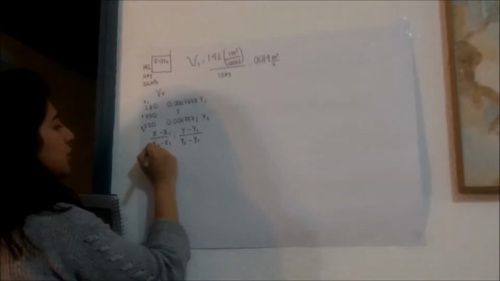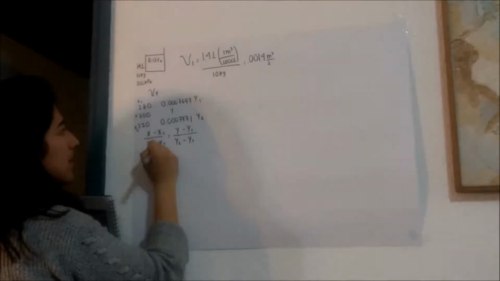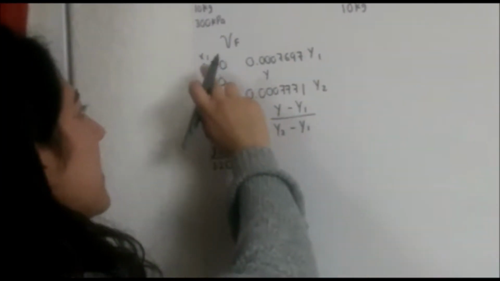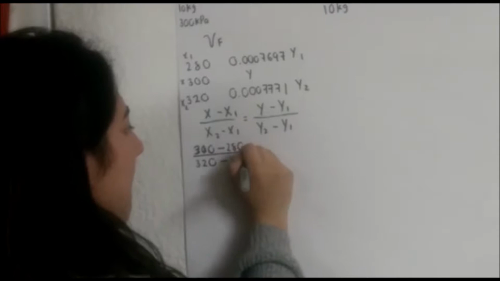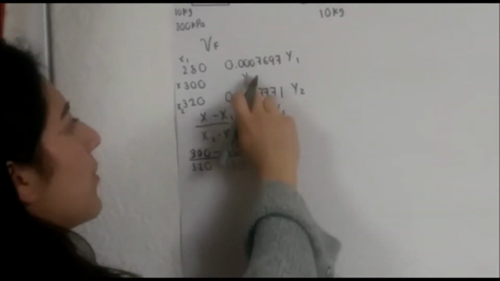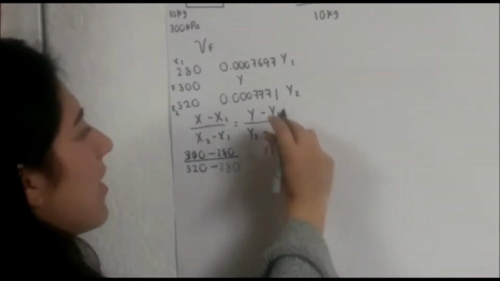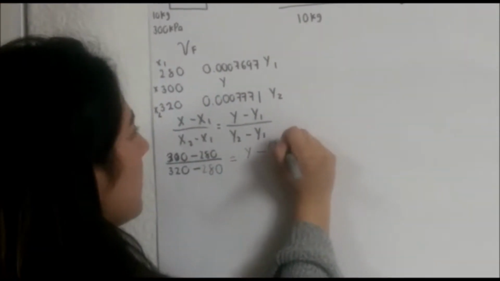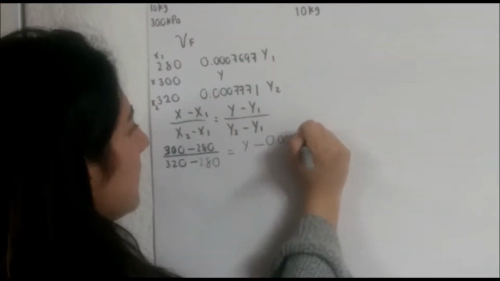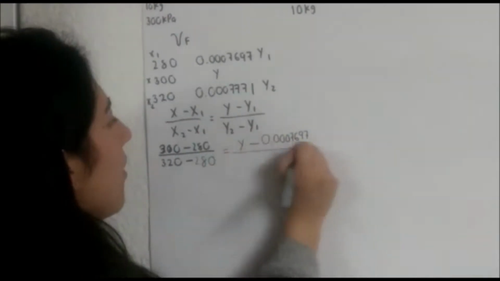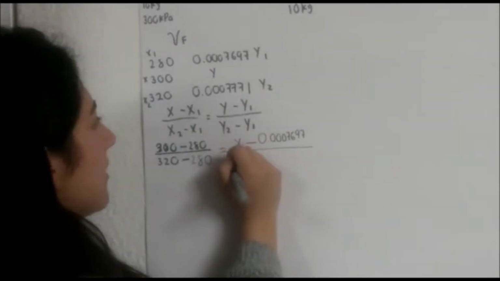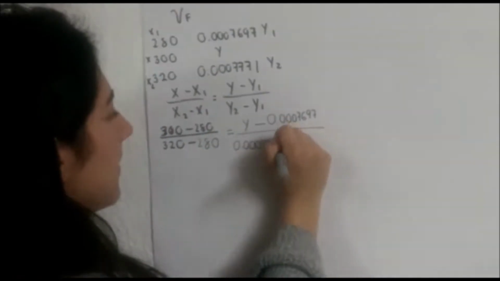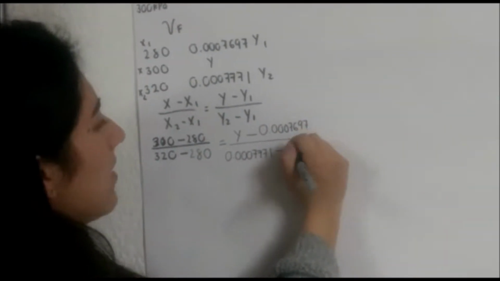So we have 300 minus 280 over 320 minus 280, equals y minus y1, that is 0.000767, over y2, that is 0.000661, minus y1.